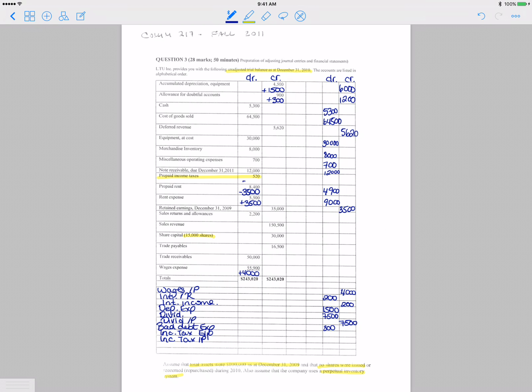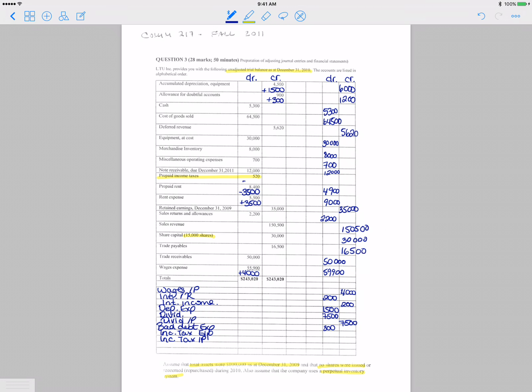Almost there. There is one more thing I will add in to help prepare the financial statements, which is to properly label which account goes into what.